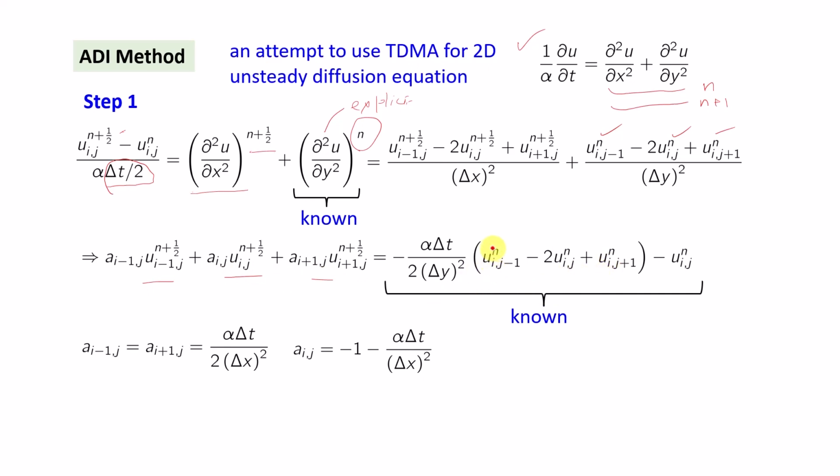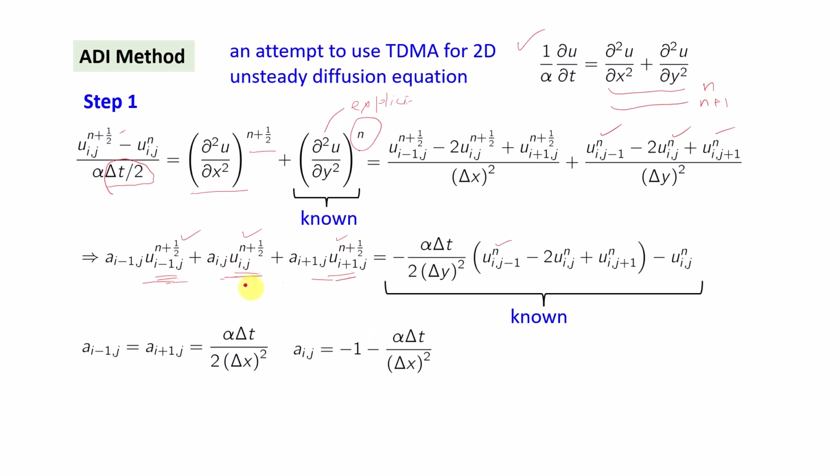All the terms on the right hand side are at the nth time level and therefore they are known. However, the terms on the left hand side are unknown. But see that every equation contains only 3 unknowns. And thus, if we write them in matrix form, it will be a tridiagonal matrix, because with ij, I am getting i minus 1 j and i plus 1 j.